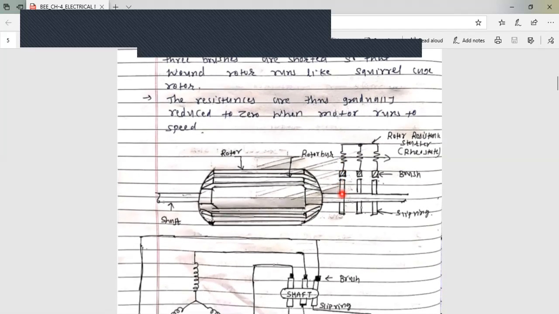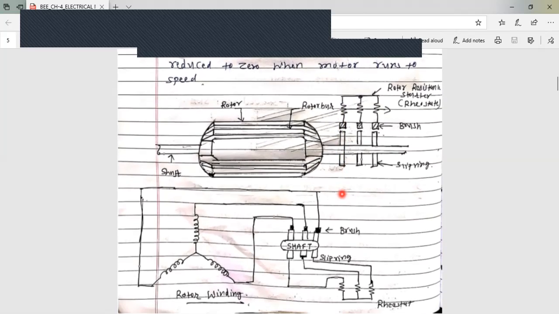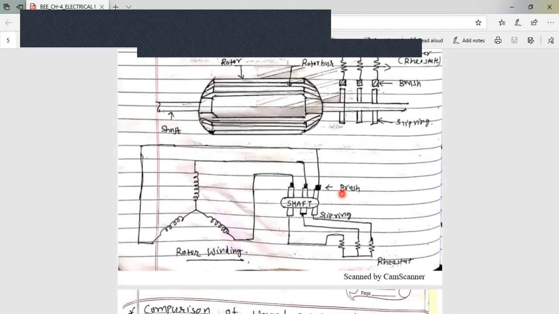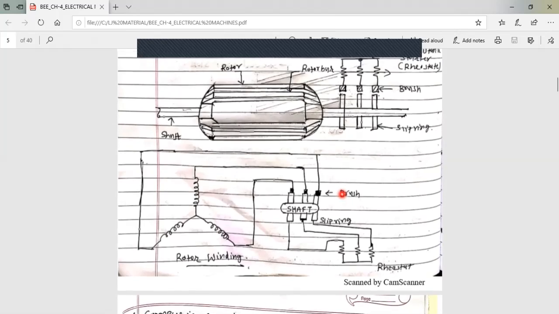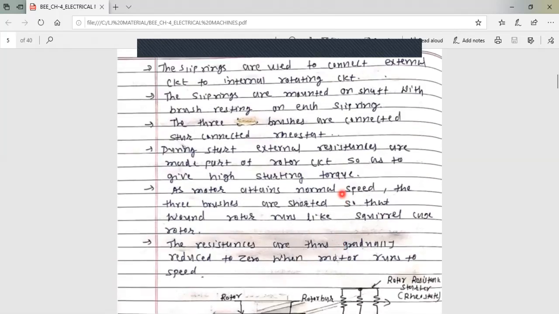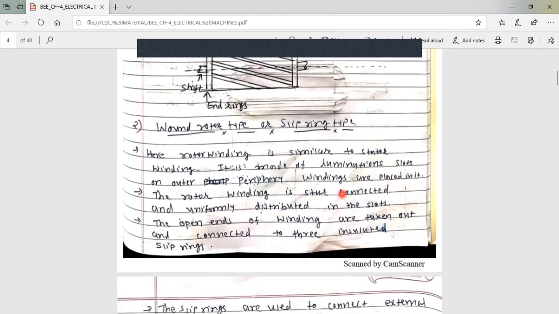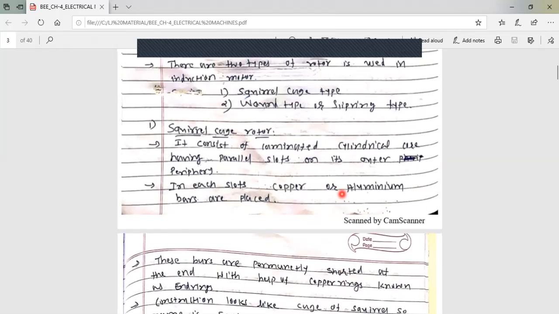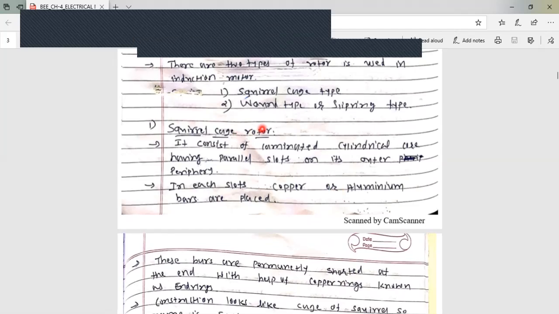Okay. So this is about the second type of rotor, the slip ring type rotor. There are mainly two types of rotor, as we have discussed. The first is the squirrel cage type rotor and the second is the wound type or slip ring type rotor.